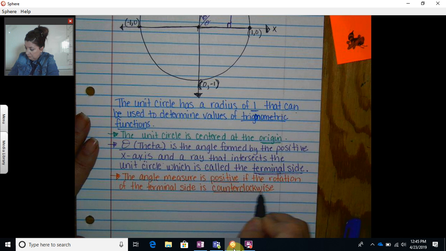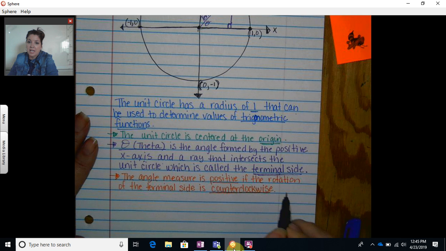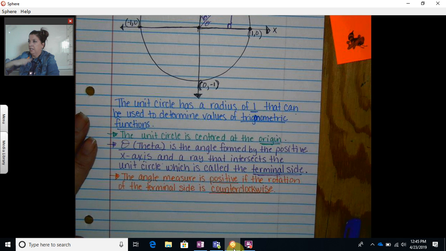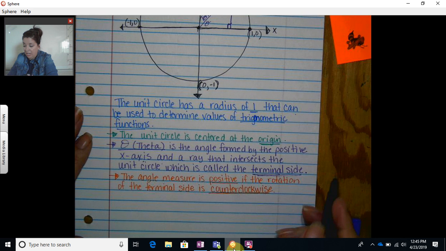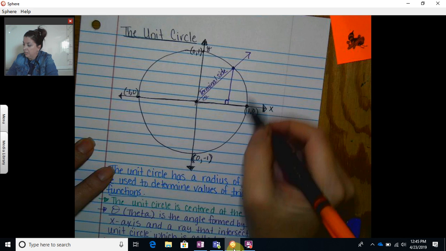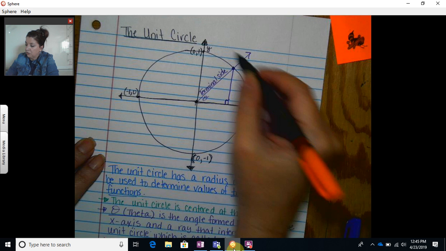So that terminal side can either swing counterclockwise or it can swing clockwise. It always starts here at (1, 0). If it opens up counterclockwise, it's a positive angle.